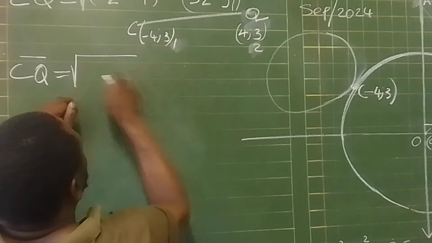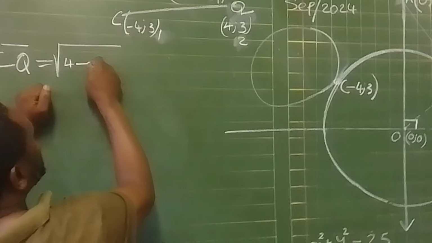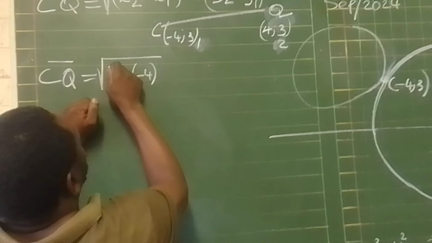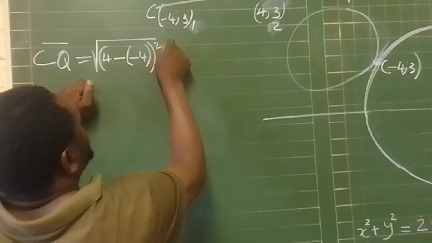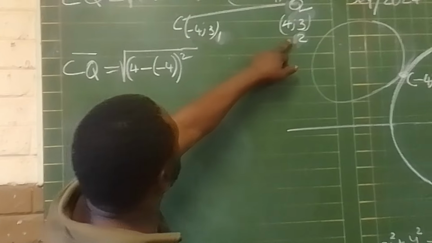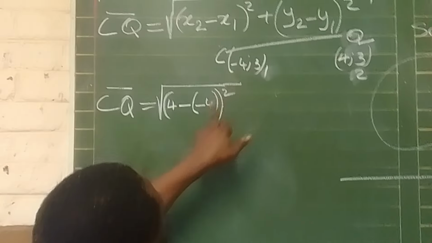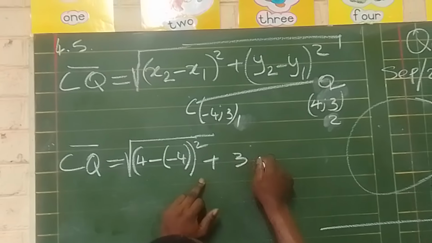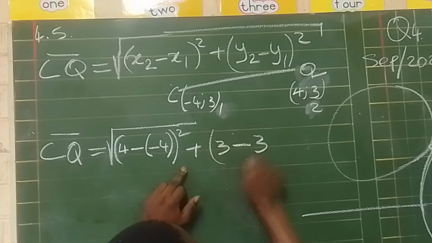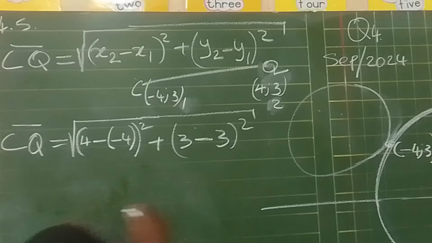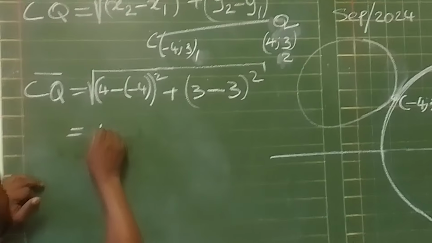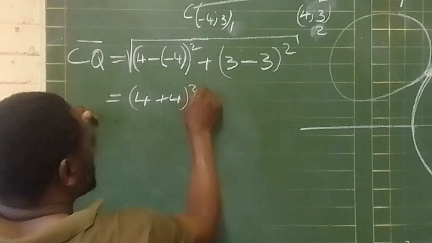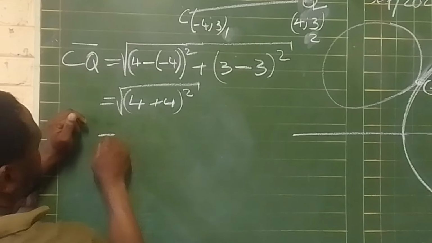So it's 4 minus (-4), squared, plus 3 minus 3, squared. That is 4 plus 4, squared.